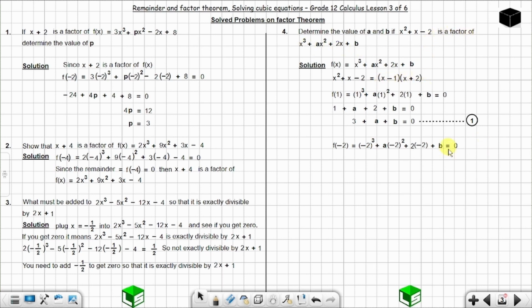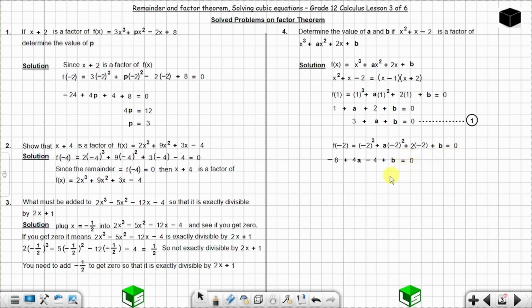And so the remainder is equal to 0. Let's carry on. You have negative 2 to the power of 3, which is negative 8. This is 4 times a, so you have plus 4a. This is negative 4 plus b equal to 0.